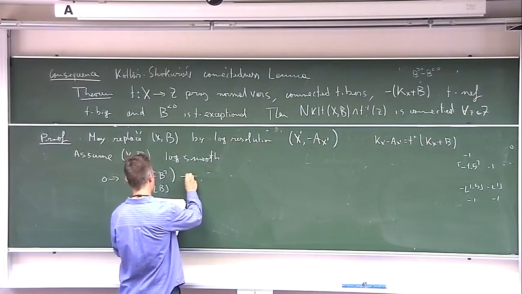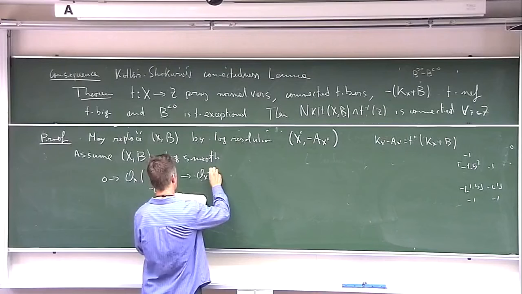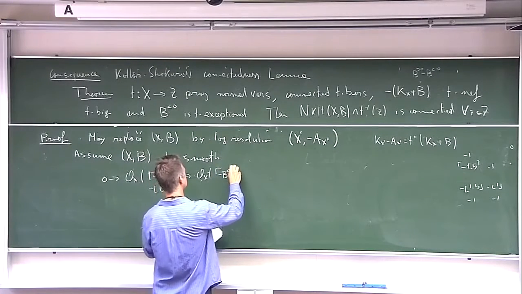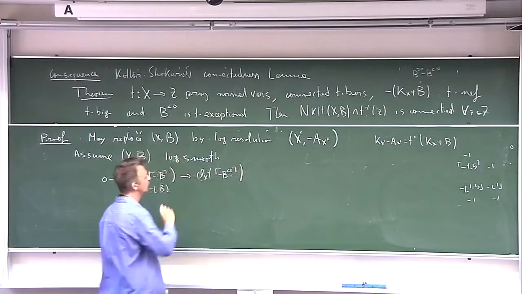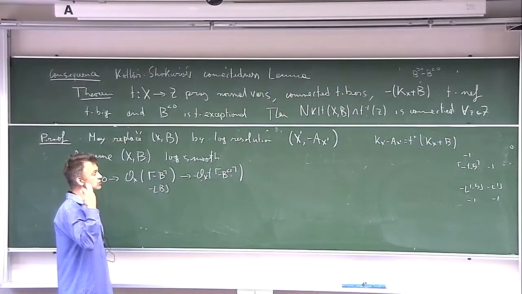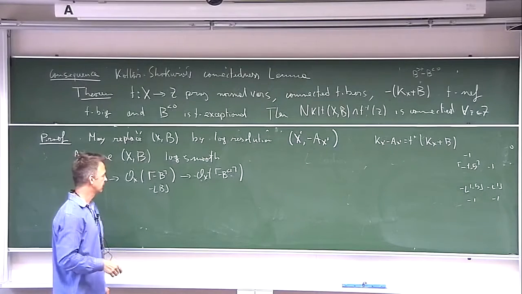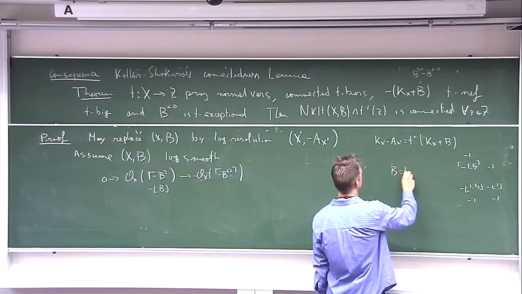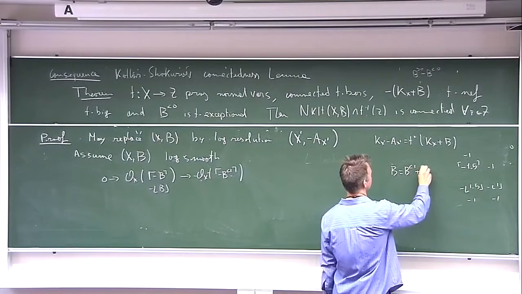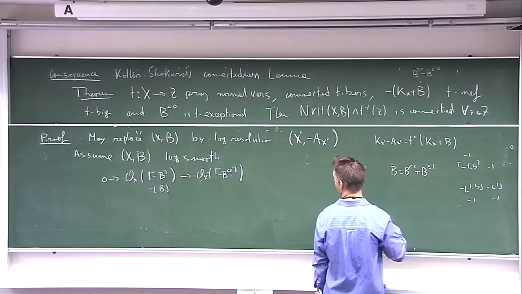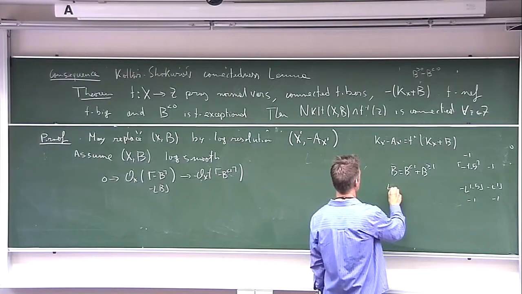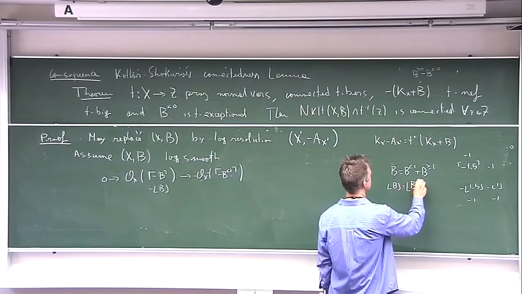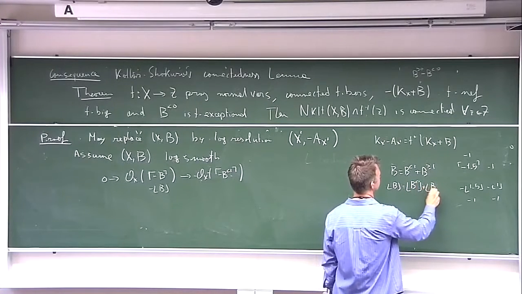Okay, so now I map this into OX minus. So now I'm just going to consider those components of B which have coefficient less than 1, right? So you can think of B as being given by the stuff of coefficient less than 1 plus the stuff of coefficient greater or equal to 1. And then the round down of B will be simply the round down of the stuff of coefficient less than 1 plus the round down of the stuff of coefficient greater or equal to 1.